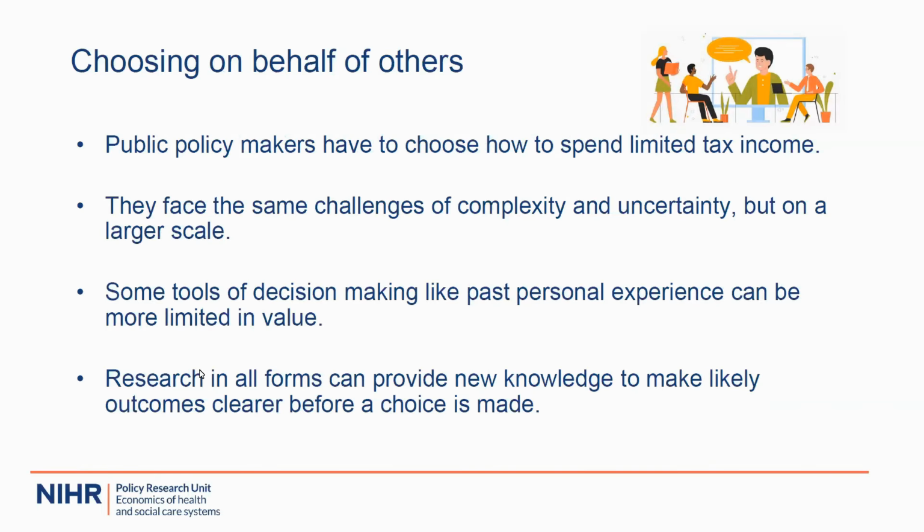And then to expand out a little bit from our own individual choices, a policymaker has a particular set of challenges because they're obliged to make choices as well. And going back to the previous slide, I mentioned that choices can feel more difficult if they affect other people.